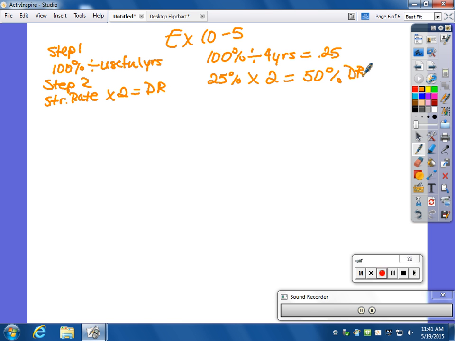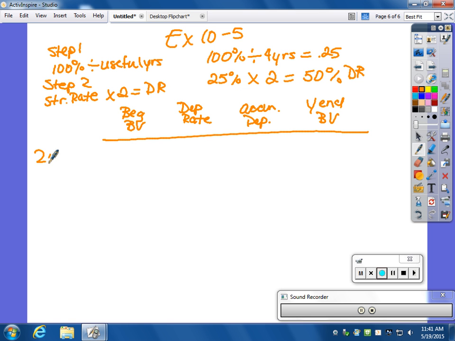We care about beginning book value, then our double rate, and then our depreciation every year, then accumulated depreciation, and then year end book value for 2013, 2014, 2015, and 2016.